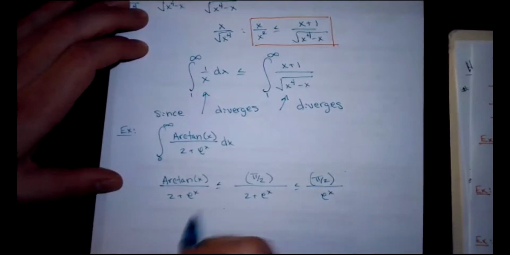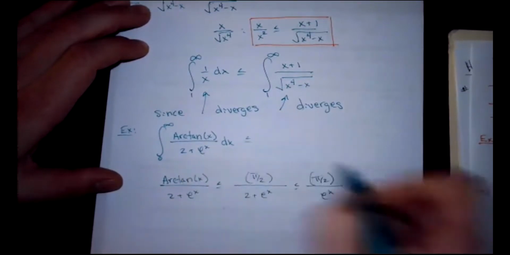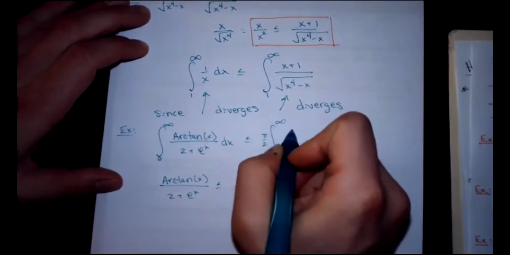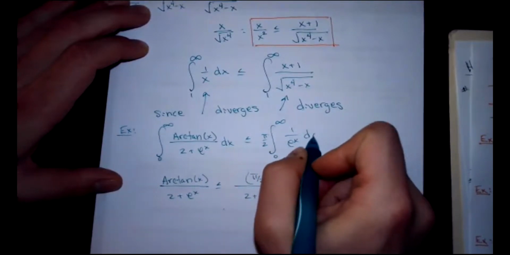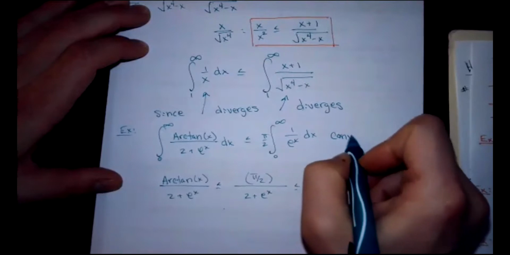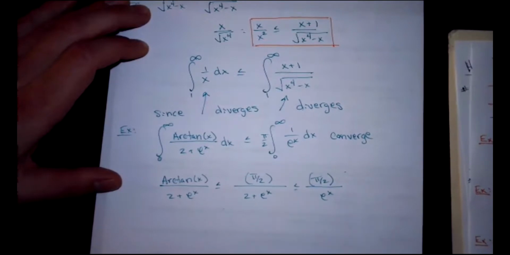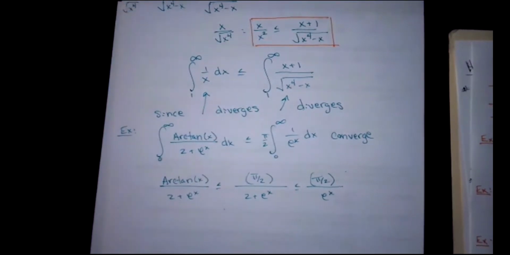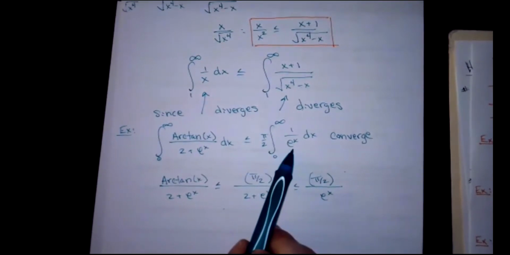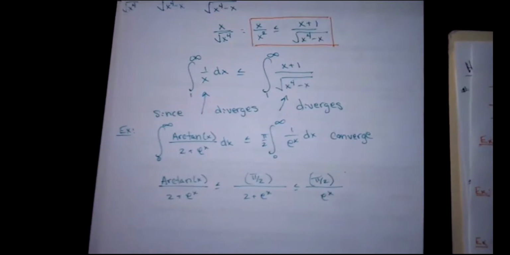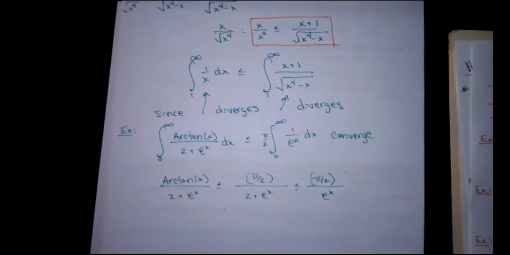And I know that this guy will converge, if I compare it to pi over 2 times e to the minus x, since that's just an integral of e to the minus x. You could compute that integral and find the finite value. Of course, finding the finite value doesn't quite help us understand what this integral actually is. We don't know what value it's going to go to, and there aren't nice techniques of integration to do that. But we know it will at least be finite.